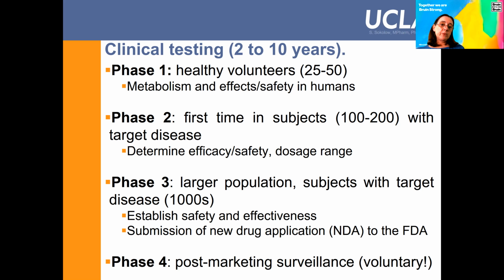So they start both at the same time, but then they can look at the phase two data earlier, and if the phase two data are still safe, then they can continue with their phase three trial without having to wait for the phase two data to start phase three.